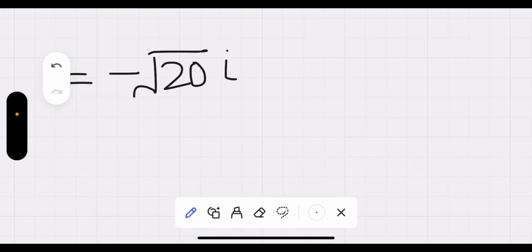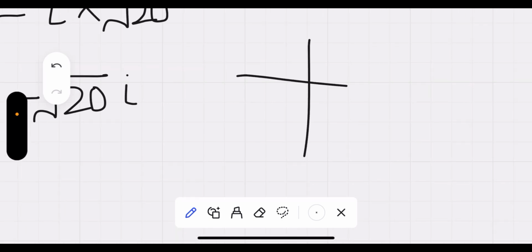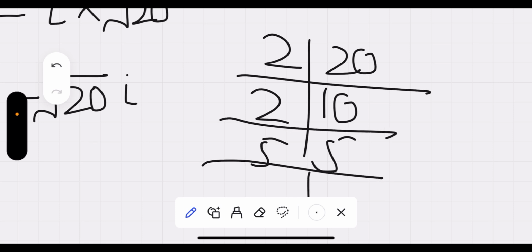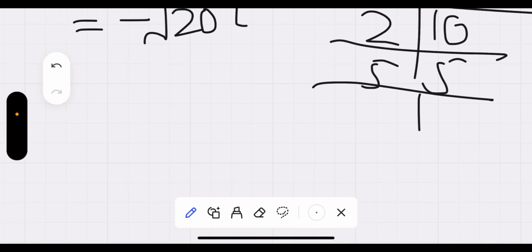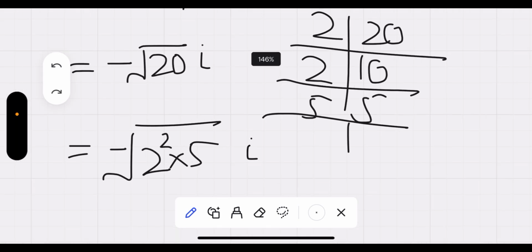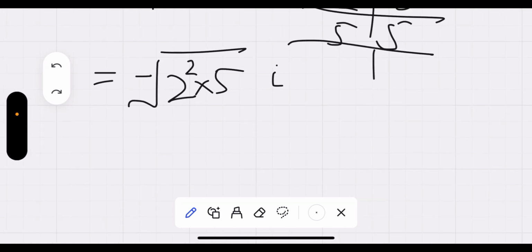We can simplify square root of 20 by taking the LCM: 2 times 10, 2 times 5 and 5 times 1. So we have a square of 2. We can write 2 power 2 and 5 times iota, because we have two 2's and one 5.